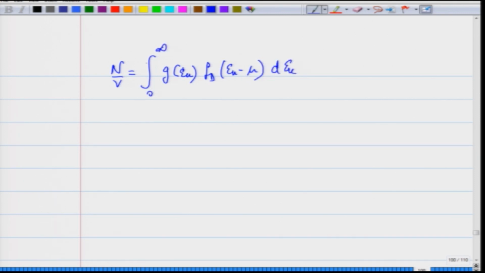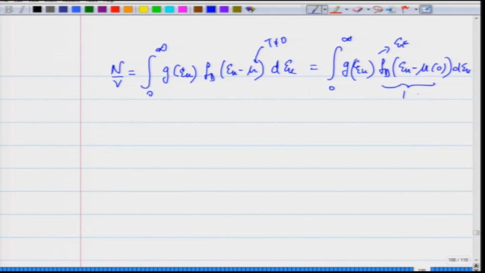We have calculated it for 0 temperature, where this counting has to be equal to the integral 0 to infinity of g(Ek) Fd(Ek minus mu) at 0 temperature dEk. This is at a finite temperature T not equal to 0, and this is equal to 1 for energies which are less than or equal to EF, and is equal to 0 for energies greater than EF.